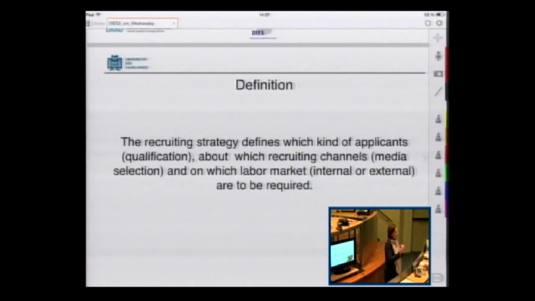How do we communicate with these applicants? So we call it the media selection. We can talk a little bit in a few minutes about it. And on which labor market they are to be recruited. Labor market means the idea I can look within the university. Are there any people? And of course, you have to look on the external labor market.